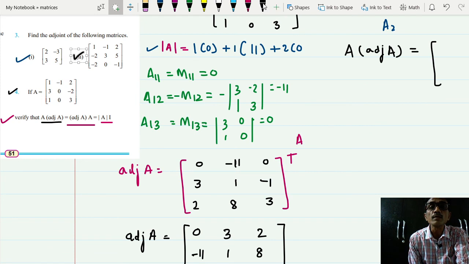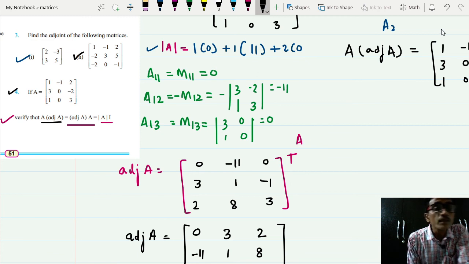The first column is 1 3 1, the second column is -1 0 0, the third column is 2 -2 3.